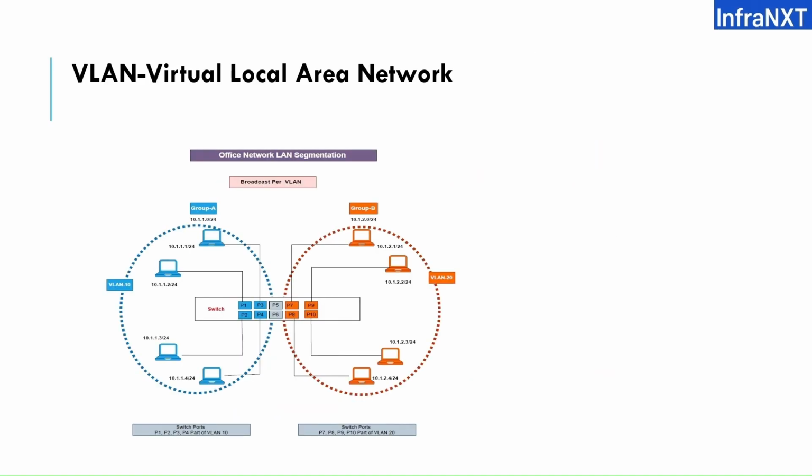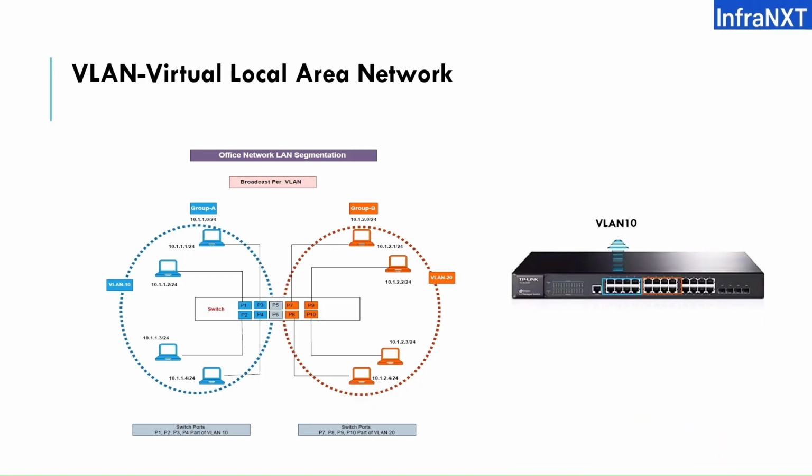This is where VLAN, Virtual Local Area Network, comes into play. This segmentation in a LAN can be achieved by VLANs. They are like tagging or grouping of switch ports to VLAN numbers.